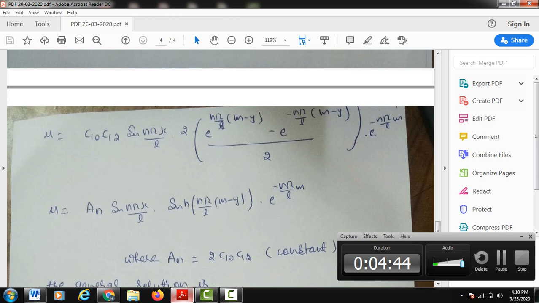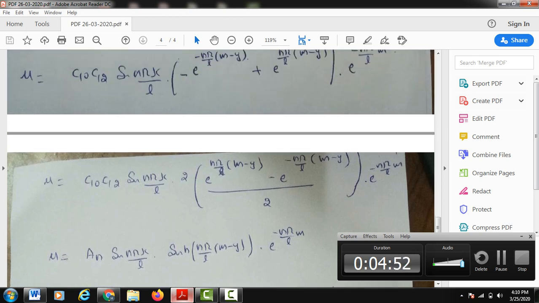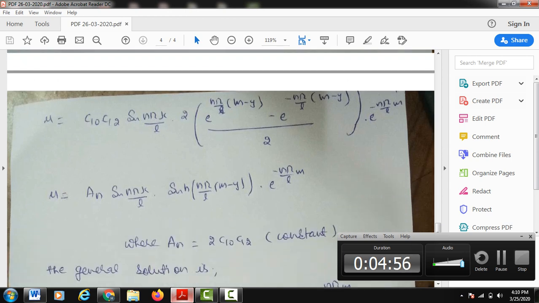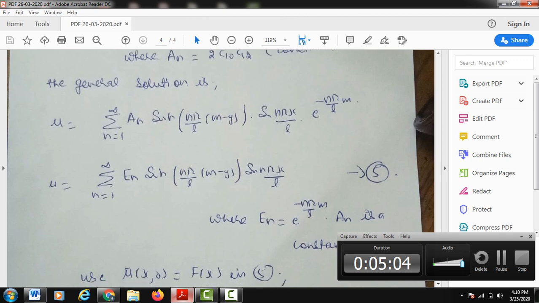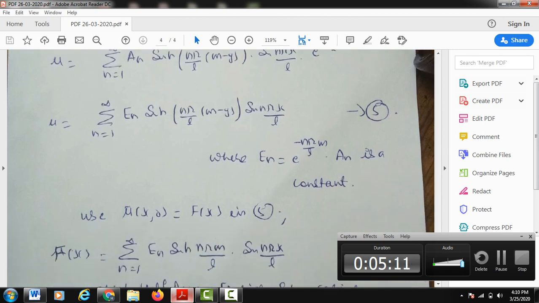I have discussed in the class that sinh x is e to the power x minus e to the power minus x, divided by 2. Here the factor x is replaced with n pi (M minus y) over L. So this factor reduces to sinh n pi (M minus y) over L. Again, this factor e to the power minus n pi M over L into an is replaced with the constant En. So you can see the solution given by equation number 5.